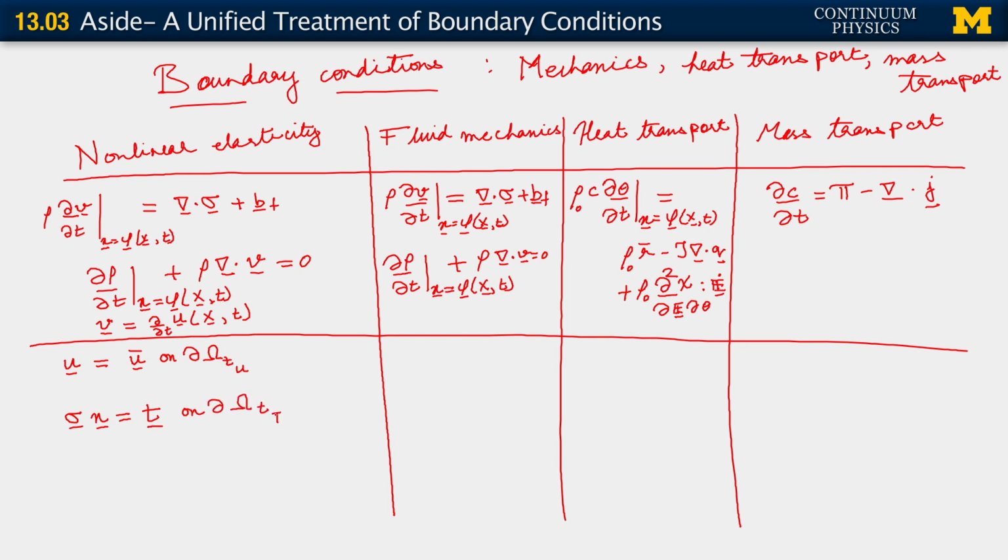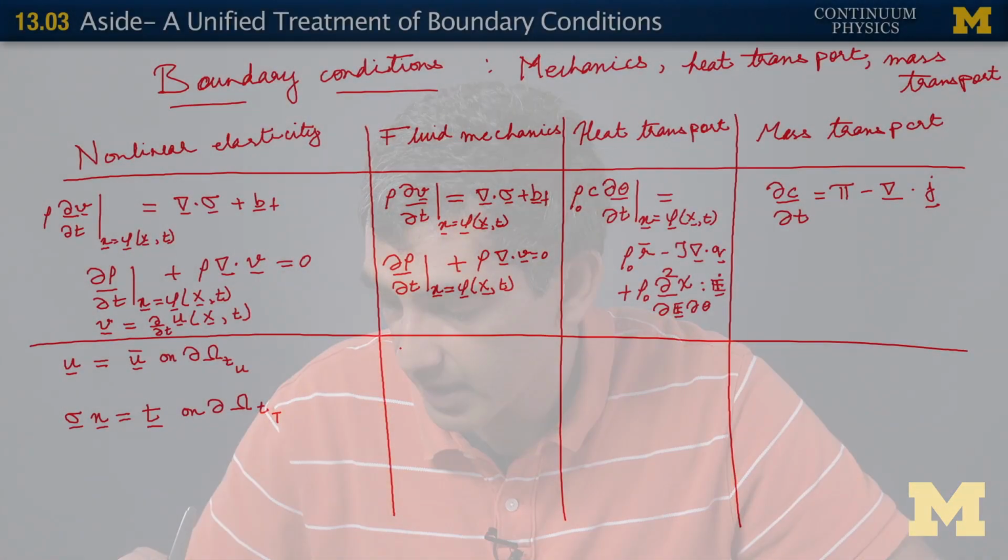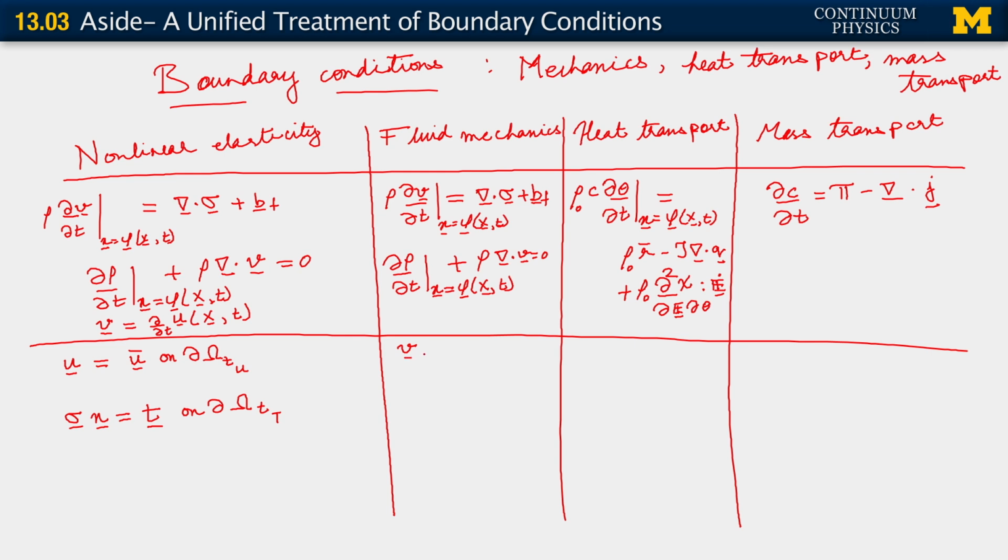Okay, all right. Now in the context of fluid mechanics, because we did not relate the velocity to the displacement, and we talked about why that is not natural in the Eulerian setting, we have a boundary condition on V itself. Okay, so we have a condition V equals maybe V bar on the velocity boundary.